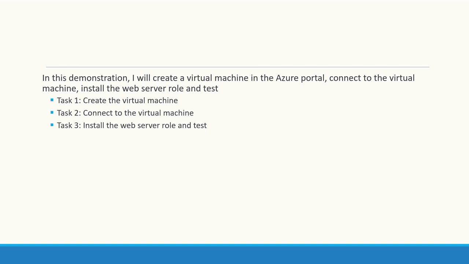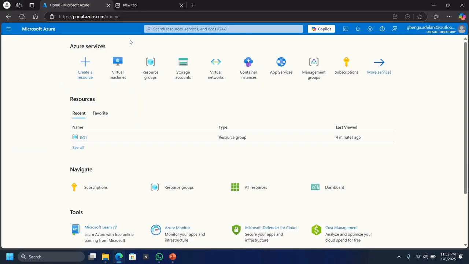The only thing I will do is test the role by using the IP address of the virtual machine once I've enabled that particular role. And once you return the IIS, that simply shows that the role is ready and is configured correctly.